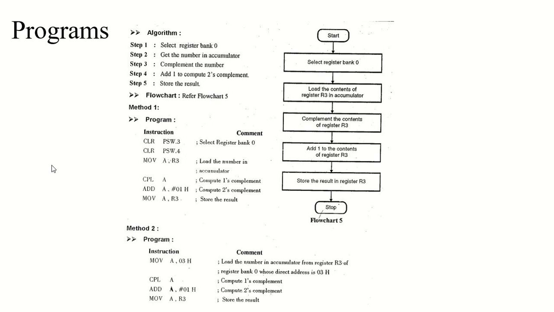Now we have to find the twos complement. What is two's complement? You first find ones complement and add 1 to it. So can't we use a simple ADD instruction with the immediate addressing mode? So we are going to use ADD A, #01H.